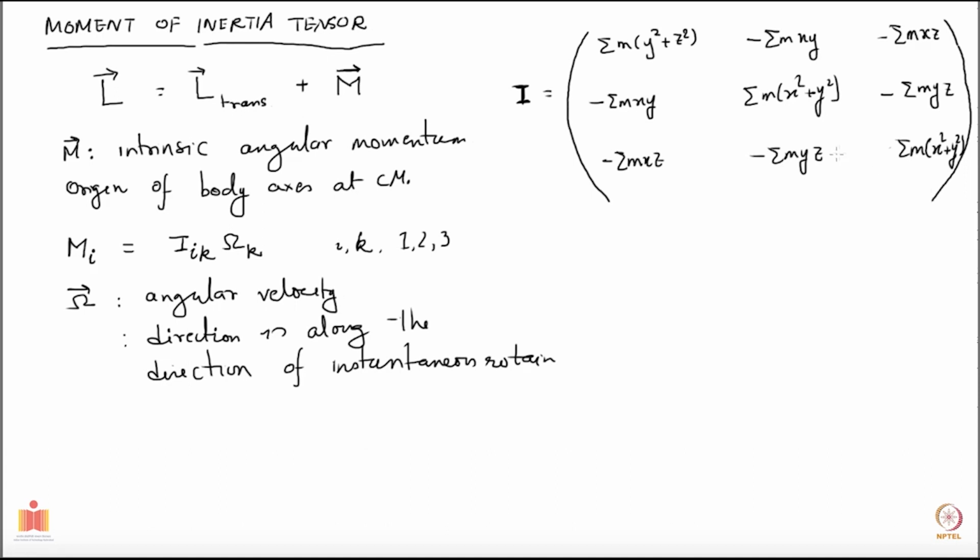It's a 3 cross 3 real symmetric matrix, which you can diagonalize, as we did when we were studying oscillations. I can do a principal axis transformation, meaning I can rotate my coordinate axes such that in the new axes this tensor would have only diagonal entries.